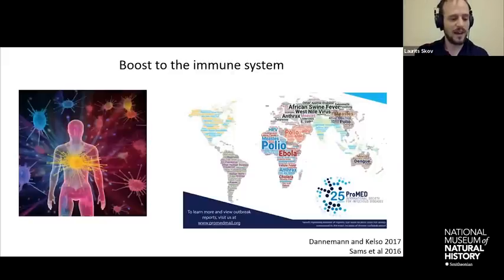And so you could imagine that when you're coming into a new environment, the Neanderthals and the Denisovans who were already living there were adapted to the local pathogens. So getting some of their immune genes might have been really beneficial. And that's why we see that a lot of our immune genes today are coming from Neanderthals and Denisovans.